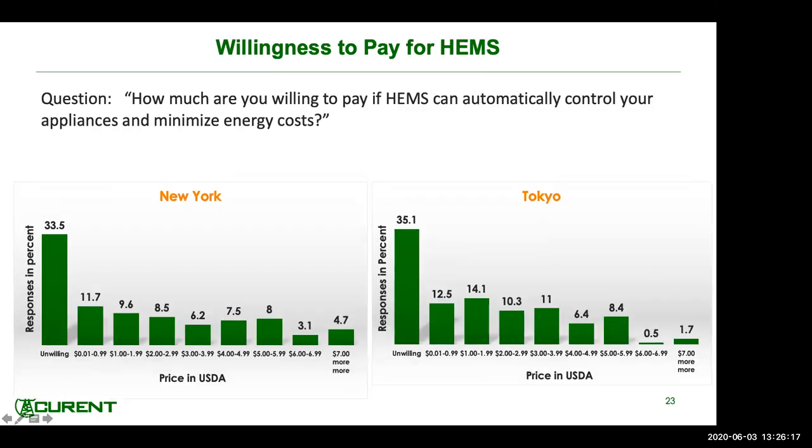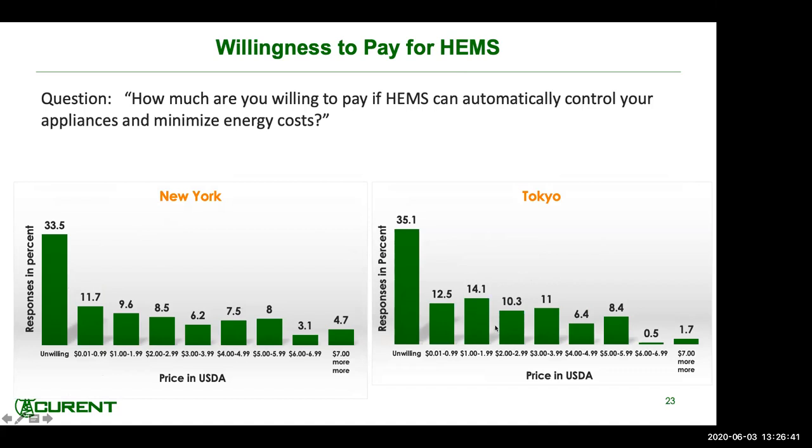Many people are unwilling to pay for it. About 33 to 35% of people are not willing to pay anything, even just $1. Only about 11 to 12% are. Tokyo and New York people are pretty similar. The New York population probably pays a little bit more.